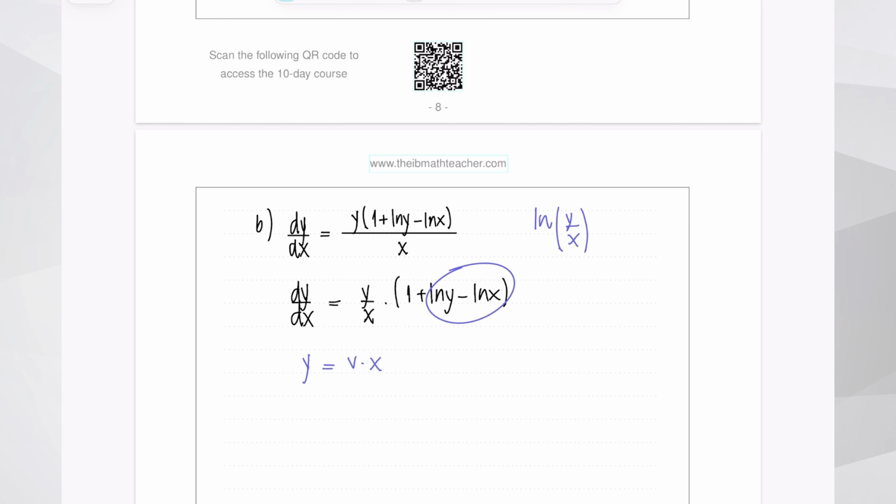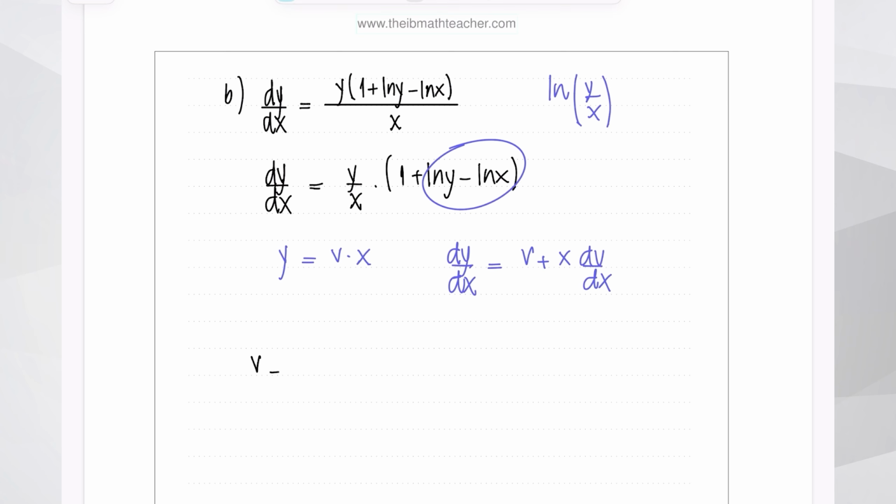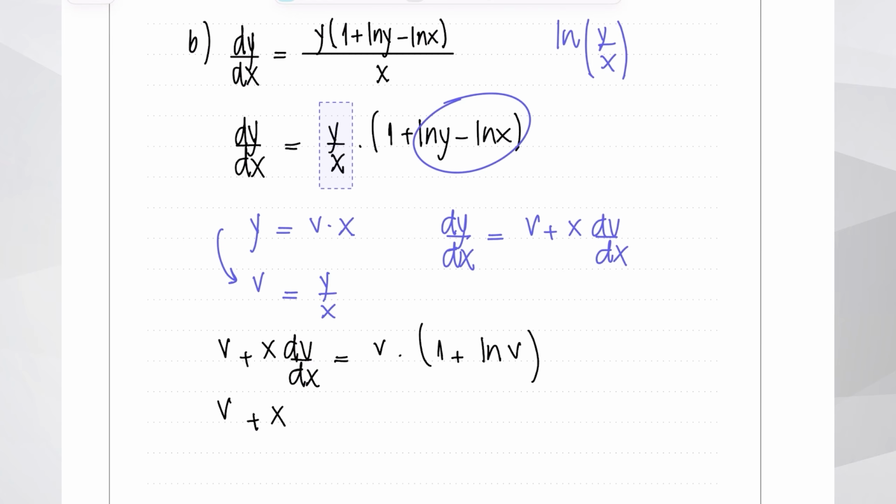So indeed, this looks like a homogeneous one in which we substitute y for v times x and dy dx for v plus x dv dx, which means that we get v plus x dv dx equal to v, which is y over x, times 1 plus ln of y over x, meaning ln of v. So we have v plus x dv dx equals v plus v times ln of v.